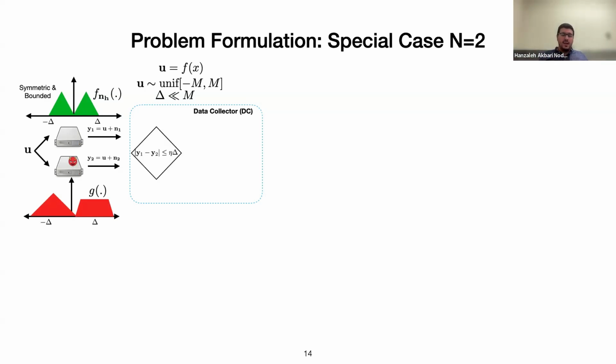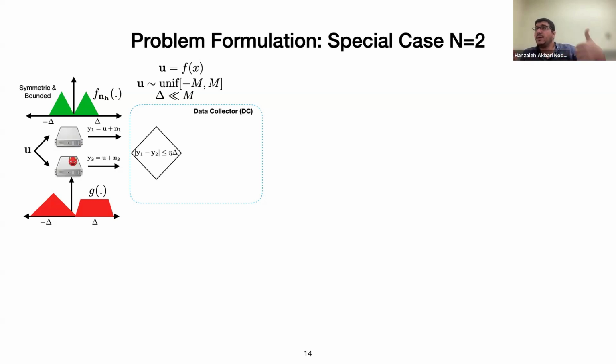So the data collector receives y1 and y2 in this simple example, and compares y1 and y2. If their difference is smaller than or equal to some value eta delta, if we remember from the last example, the first natural choice for eta is 2, because once both of them are honest, the difference does not exceed 2 delta.